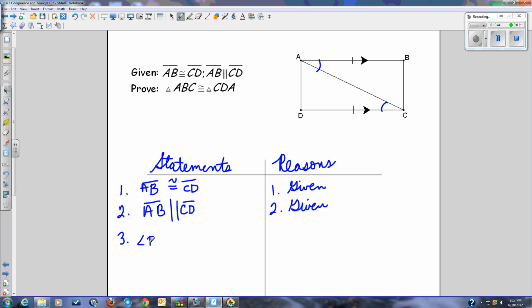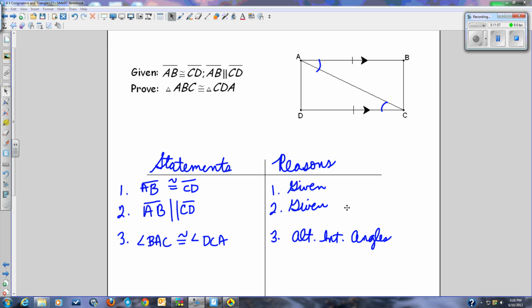So let's write that down. Angle BAC is congruent to angle DCA. And that is because of the alternate interior angles postulate.